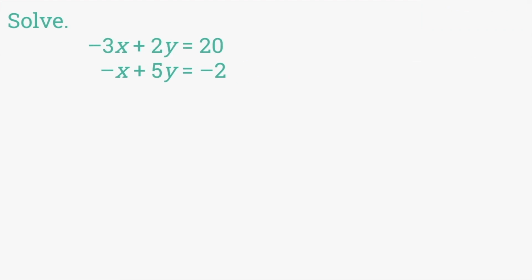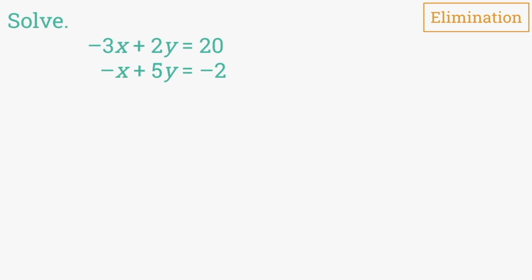In our last problem, we need to solve the system negative 3x plus 2y equals 20 and negative x plus 5y equals negative 2. Since both equations are written in standard form, it'll be easiest to use elimination. We want to eliminate either the x's or the y's, and then solve for the remaining variable.